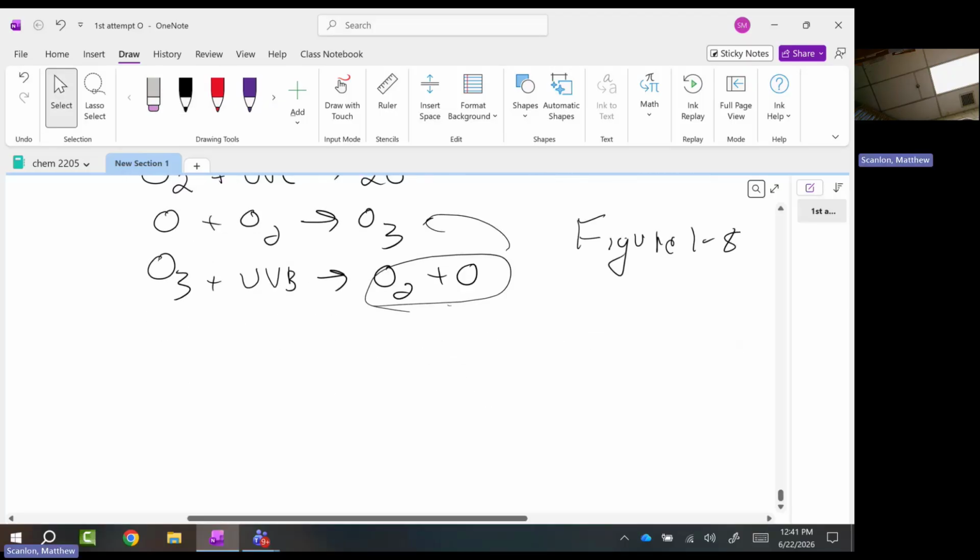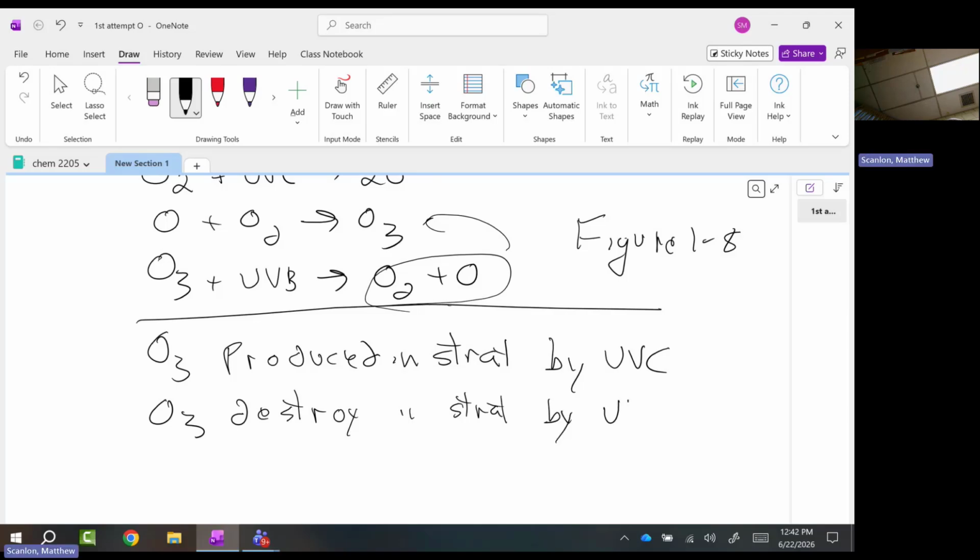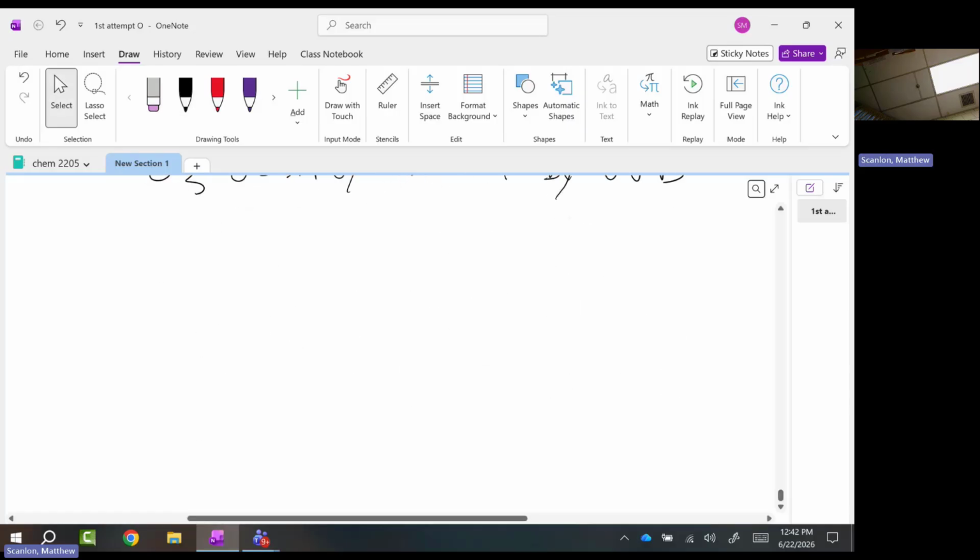And so we have ozone produced in the stratosphere by UVC and ozone destroyed in the stratosphere by UVB, which is very useful, prevents that radiation from hitting us. That's fine. So what we're really interested in is there's other mechanisms.